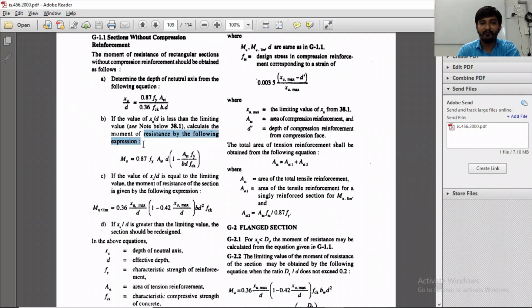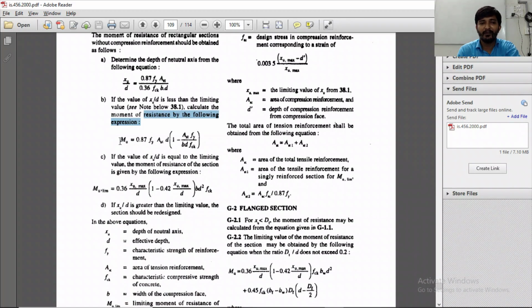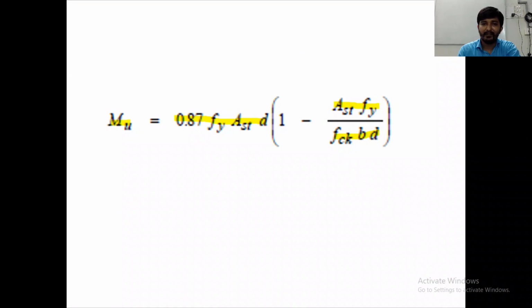If you see this equation, Mu is equal to 0.87 fy Ast into d into 1 minus Ast fy divided by bd fck. It is similar to the equation that we have derived. So these formulas are given in IS 456-2000 also. It is good if you remember this, but it is perfectly fine if you forget this. You have the copy of the code with you, you can refer to it anytime you want. So this is how you calculate the moment.